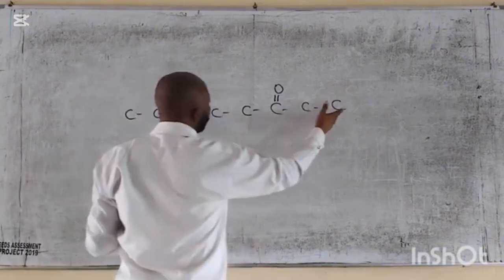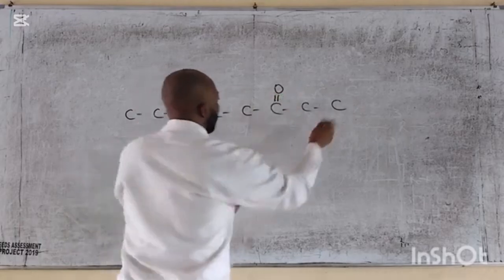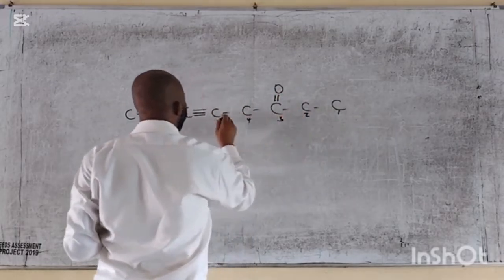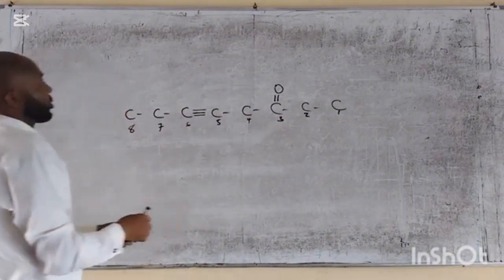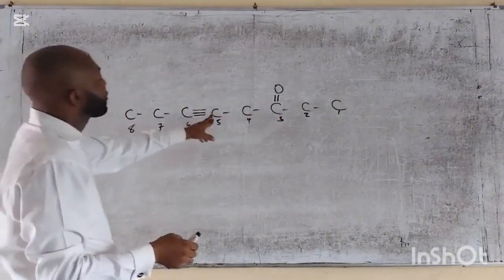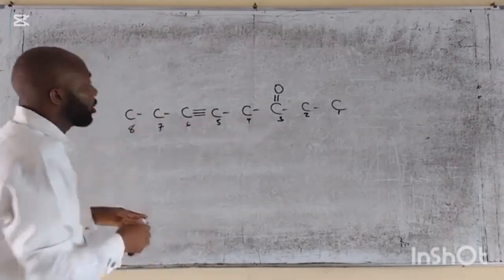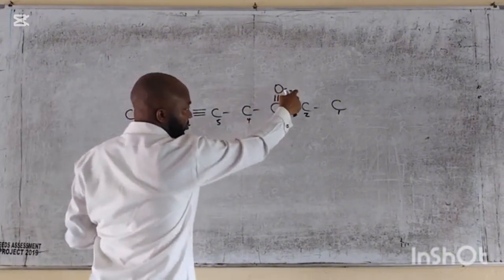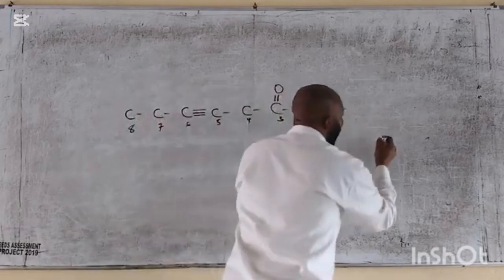If I come from here, I have 1, 2, 3, 4, 5, 6, 7, 8. So this is 5-octyne, because this is 8, 5-octyn-3-one. Because it ends with -one, alkanone.